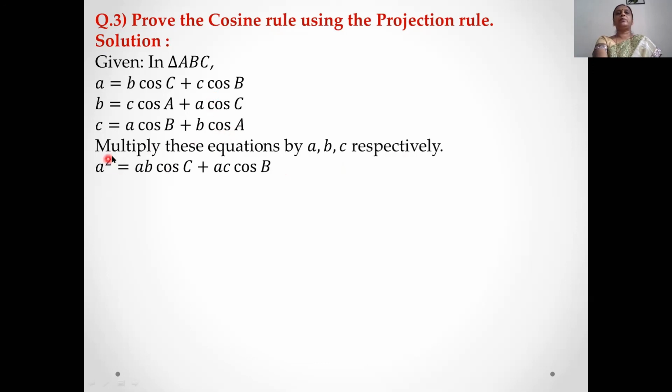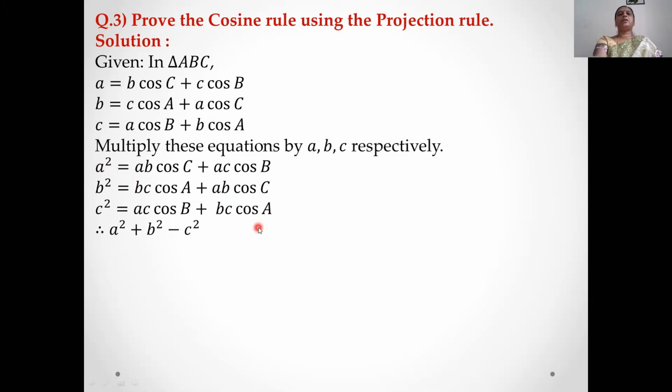If we multiply first equation by a, we will get a² = ab cos C + ac cos B. If we multiply second equation by b, we will get b² = bc cos A + ab cos C. And multiply third equation by c, we will get c² = ac cos B + bc cos A. Now, see here, take a² + b² − c².